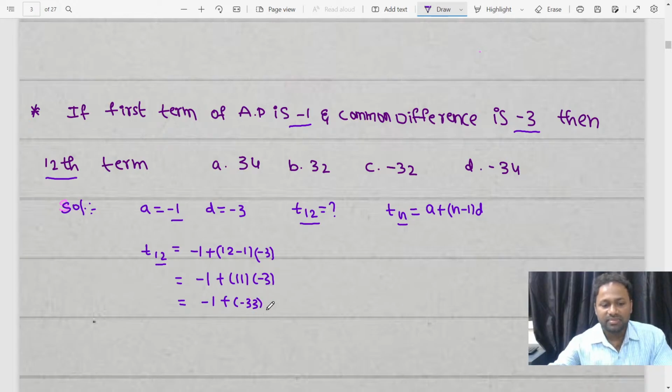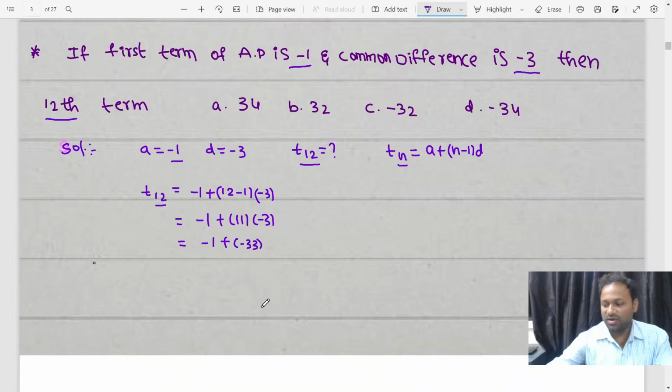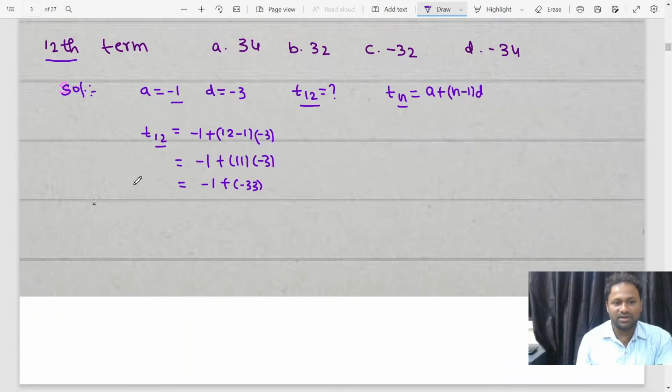Here we know one condition, plus into minus will be minus. So the value will be minus 1 minus 33. So hence the answer will be minus 34. Here the correct answer is minus 34.